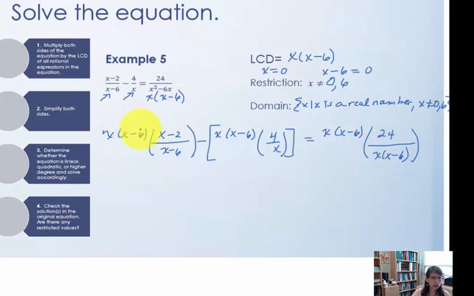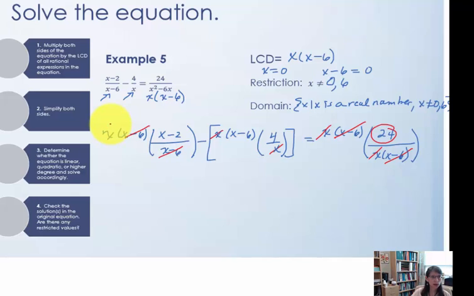So back to the first term, quantity of x minus 6 reduces and no fraction remains. In our bracket, it looks like just the x is reducing, but again, no fraction remains. And finally, both factor of x and quantity x minus 6 are reducing.